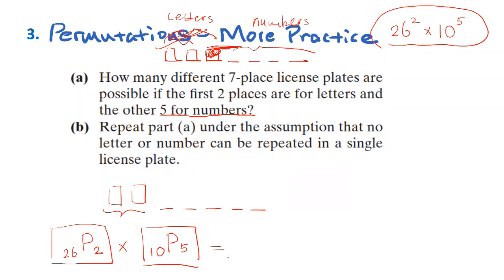This number is 19,656,000, and the previous result is 67,600,000. Okay, any questions?